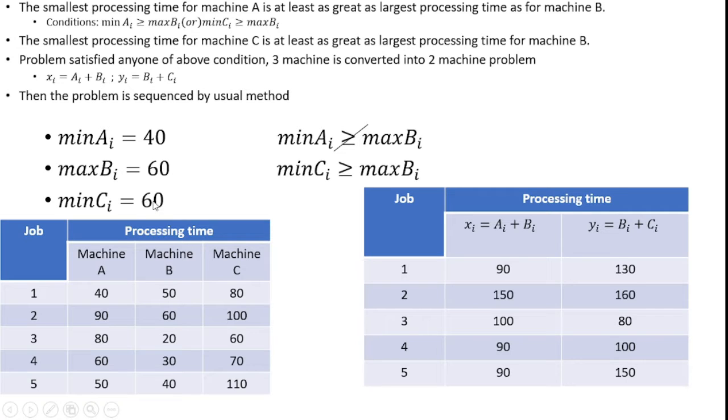Why do I consider this? Yes, the conditions for considering three machine problems are: minimum Ai should be greater than or equal to maximum of Bi, and we can examine another condition also. That condition is minimum of Ci should be greater than or equal to maximum of Bi.